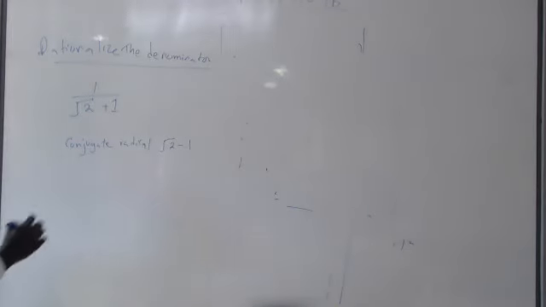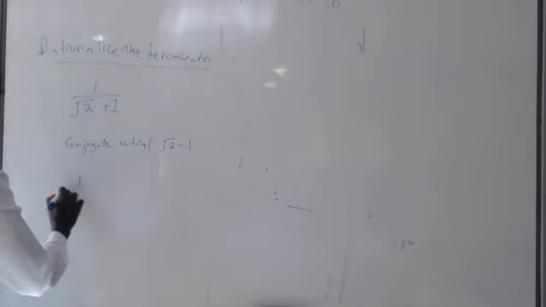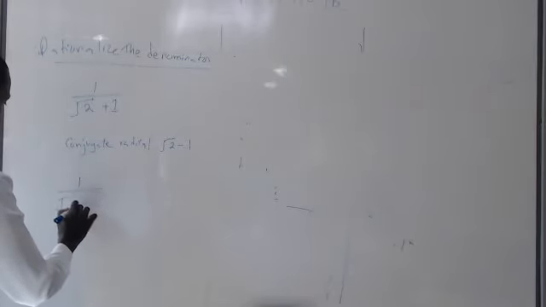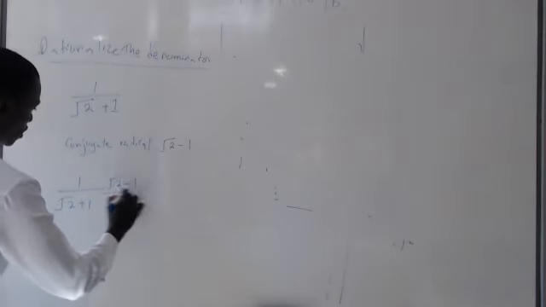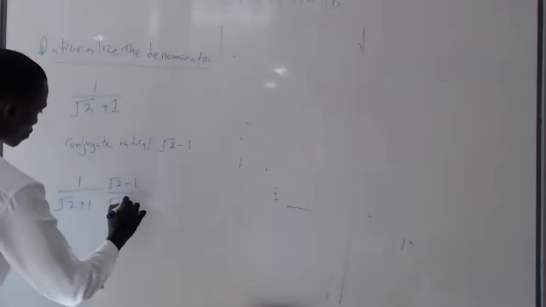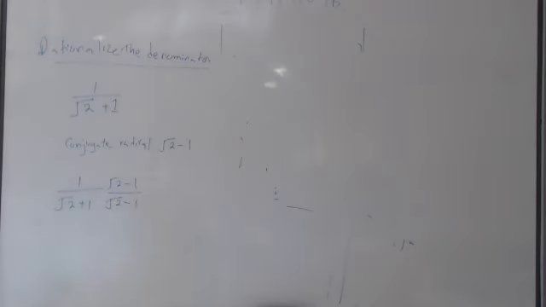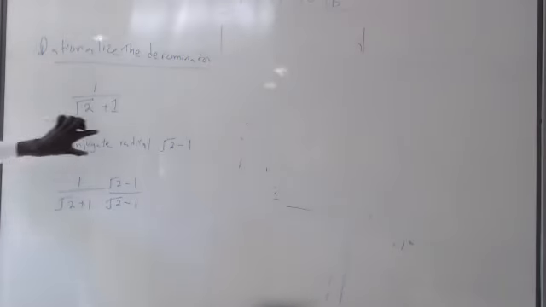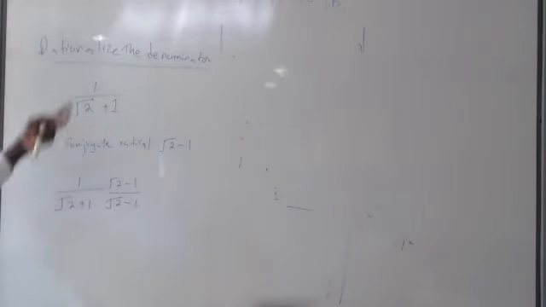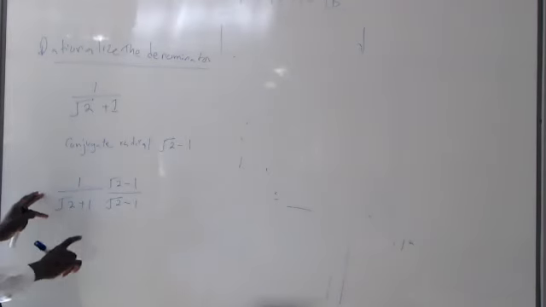So we have 1 divided by square root of 2 plus 1 multiplied by square root of 2 minus 1 divided by square root of 2 minus 1. So the first step is to identify the conjugate radical. And then we use that conjugate radical to multiply both the numerator and the denominator. So that is what I've done in the second step.